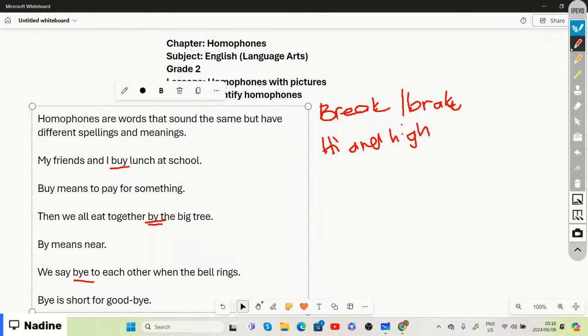These two words, yes, we also have C and C. And the first word break is BREAK. And the second word break is BRAKE.